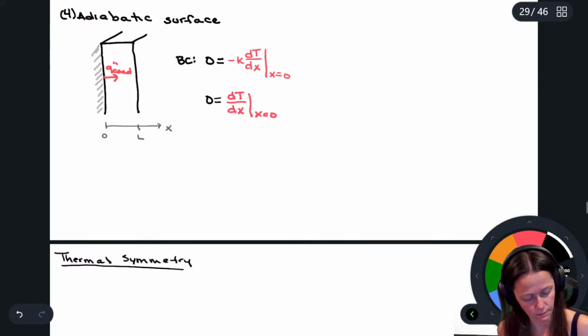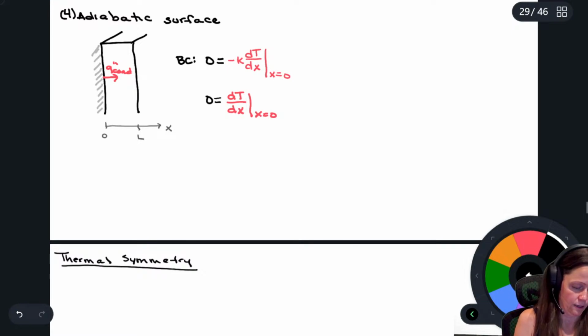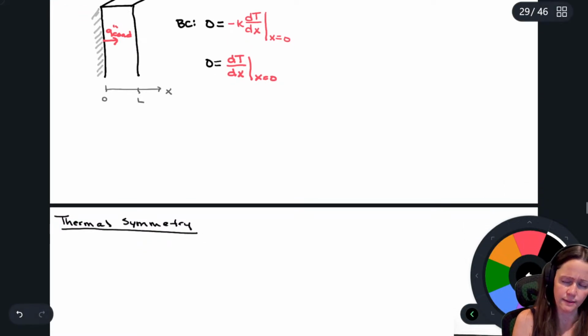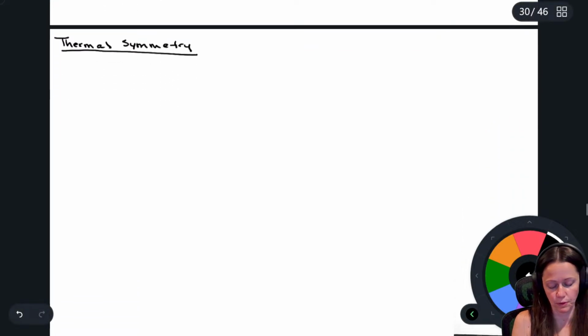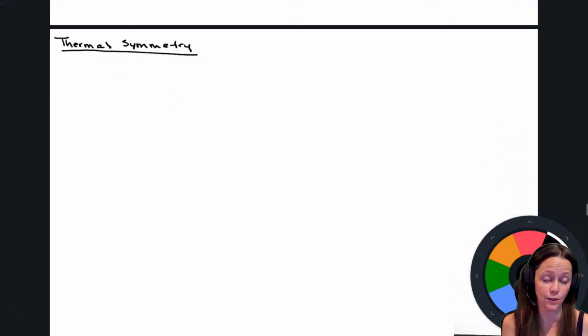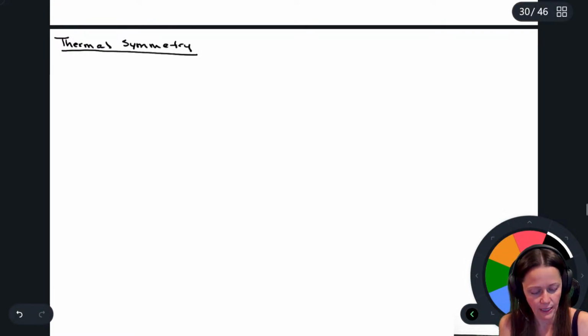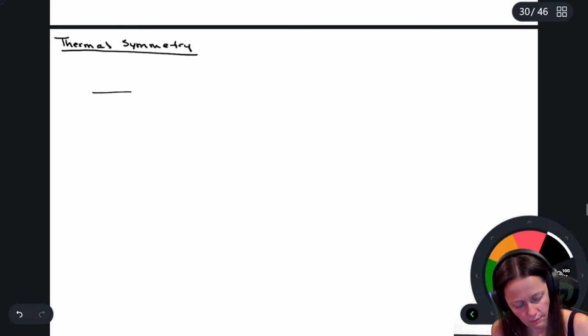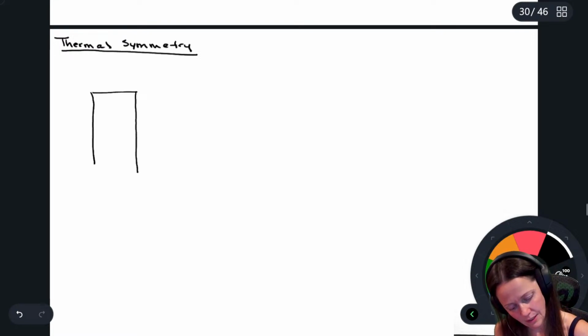Remember, I think it was day 1, we had a problem where the plane wall was a thickness of 2L. It said it's 2L. And so I said, well, that's kind of a heads up to take advantage of thermal symmetry. We're going to do that here.